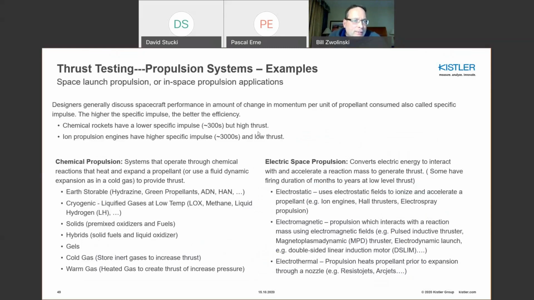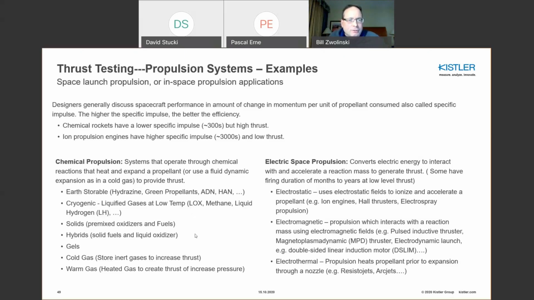Chemical rockets have lower specific impulse but high thrust, whereas electric propulsion or ion propulsion engines typically have higher specific impulse, higher efficiencies, and lower thrust. So there's absolutely a comparison to be made between the two technologies. It's something to keep in mind in terms of whatever type of propulsion test is being done.